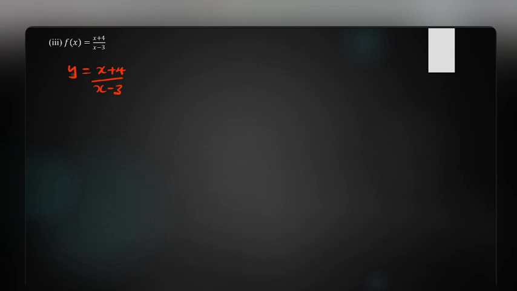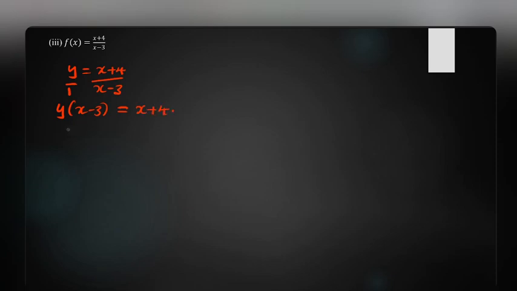Because if y is the subject of the formula, then for the inverse, x should be the subject. So you do cross multiplication, and what you get is y times x minus 3, which is equal to x plus 4.